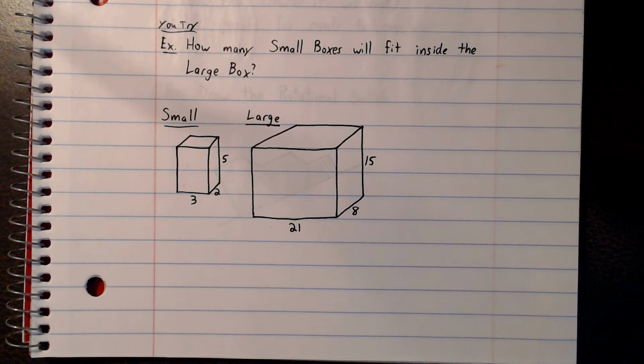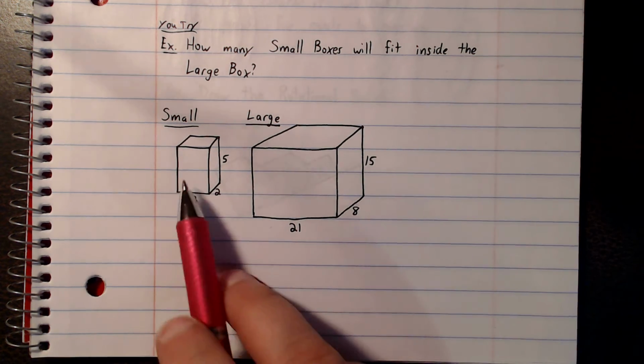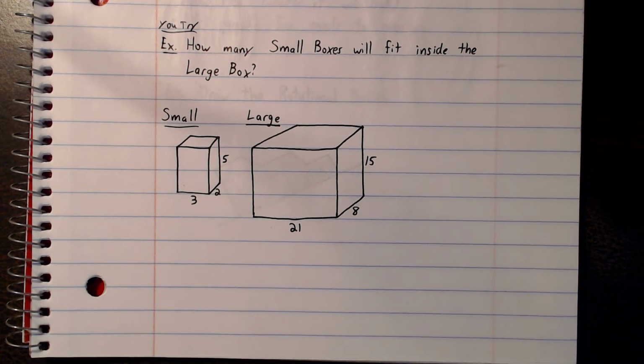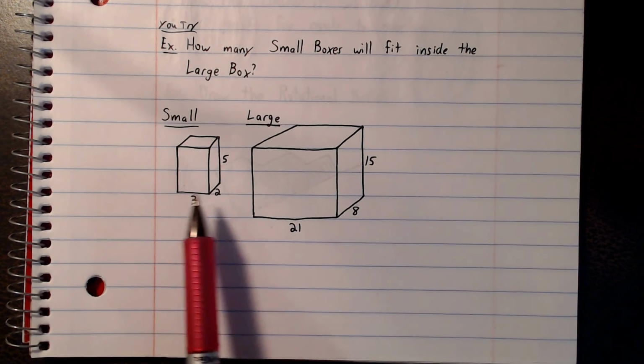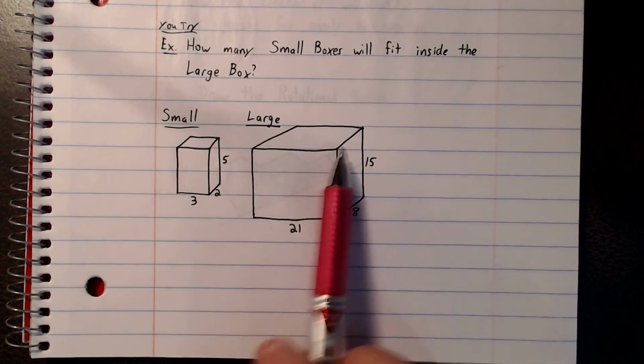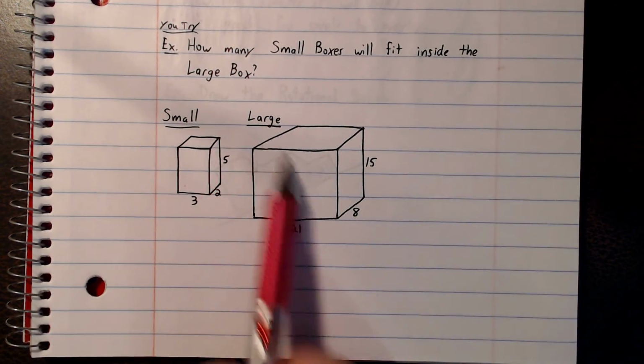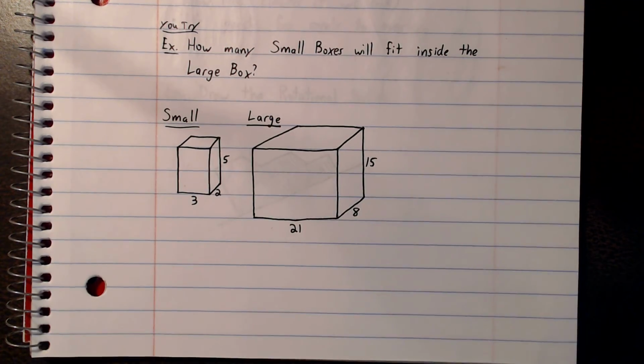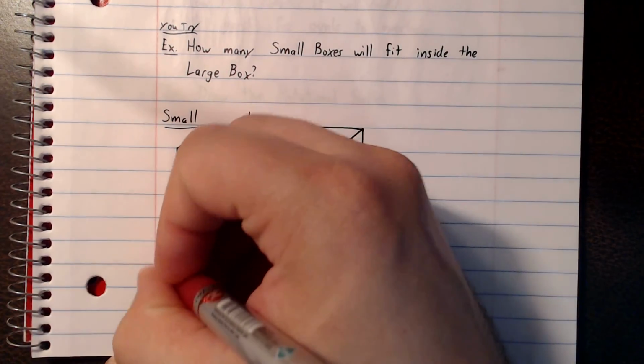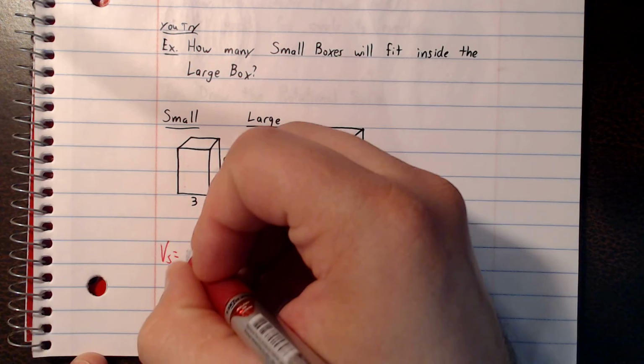Alright, hopefully you thought right away to find the volume of both the small and the large. Right? Because we want to know how much space is here, how much space is here, and how many of these things we can put into that space. So we'll find the volume of the small one first.